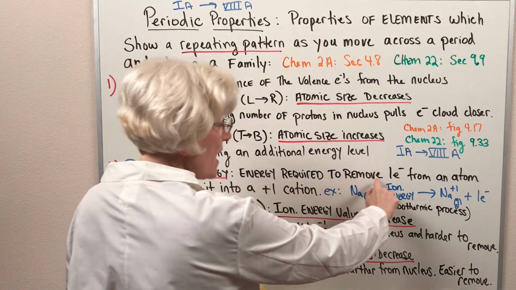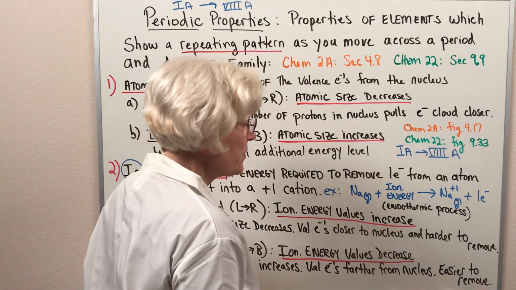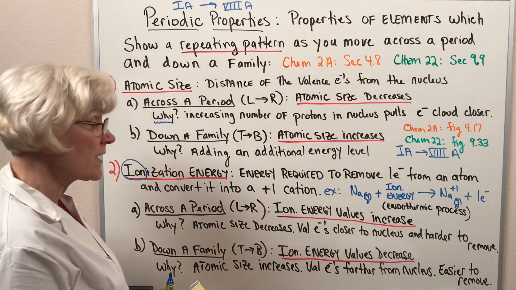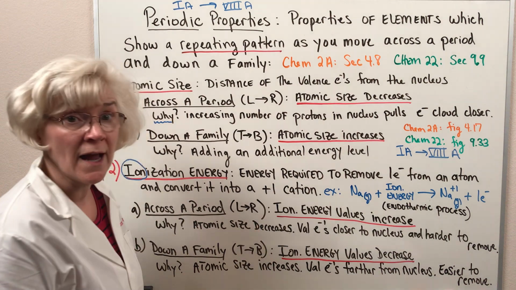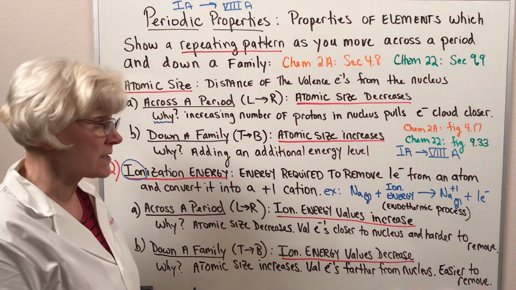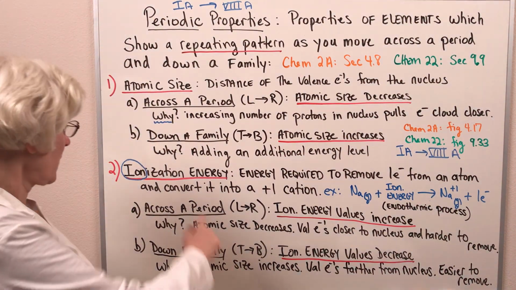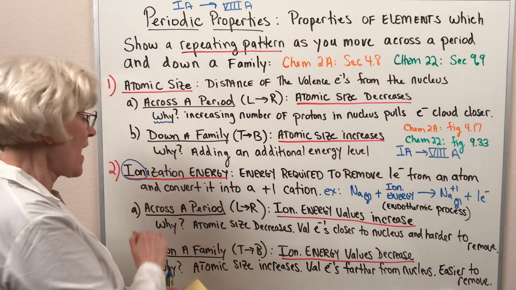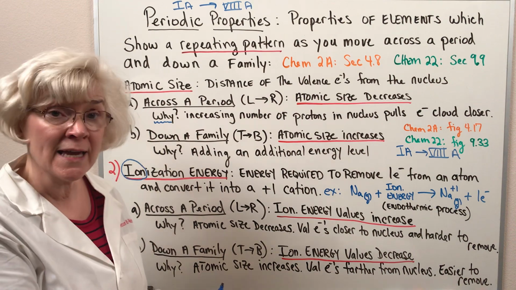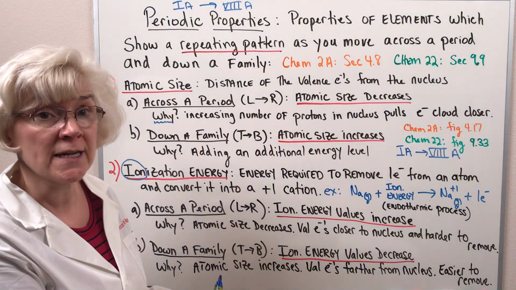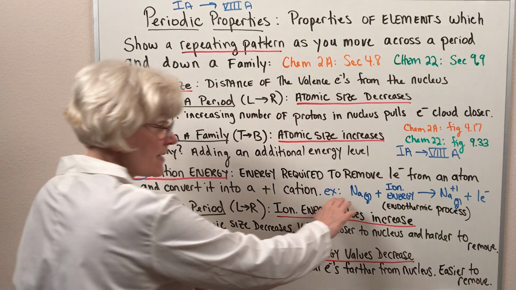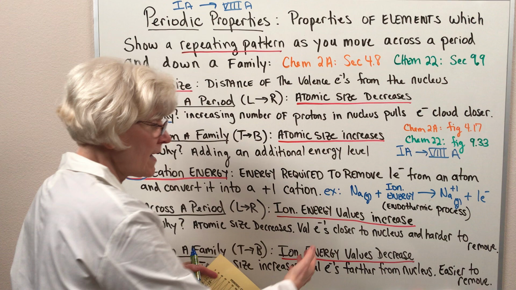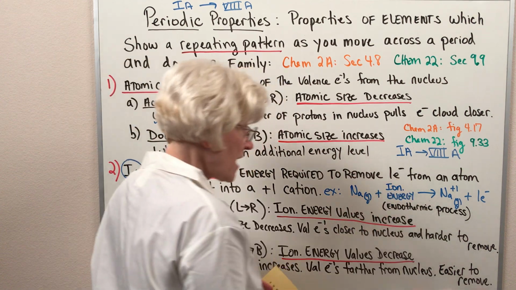Ionization energy is the energy required to remove one electron from an atom and convert it into a +1 ion. In other words, a +1 cation. So hence the ionization energy, the meaning of ionization in the term, we're taking a neutral atom and converting it into an ion. So here's an example of how we would express this process using chemical equation notation.